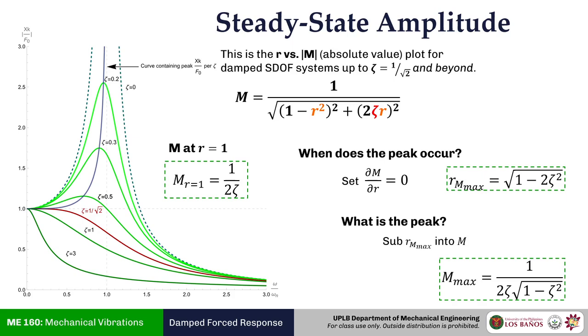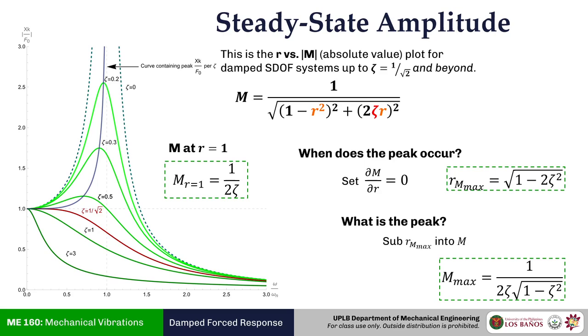So, the R sub M sub max is the frequency ratio to cause the peak magnification, and M max is the peak magnification. So, mapapansin natin magkaiba sila with magnification at resonance. They're different.